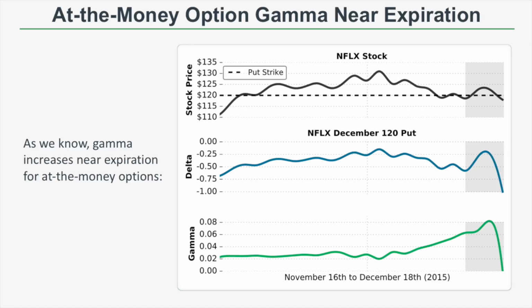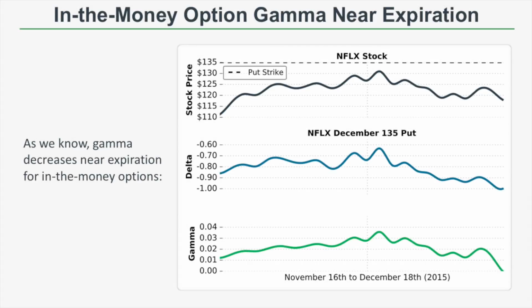Now those are some pretty massive fluctuations for very small movements in the stock price. And that's, as we talked about, since there's little time until expiration, each movement in the stock price has a significant change on the option's probability of expiring in the money. And that explains why the option's gamma is surging.